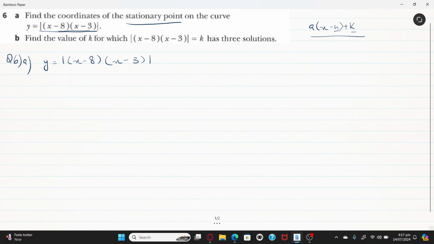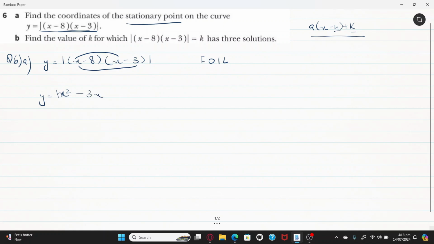What we're going to do is use the FOIL method, meaning first, outer, inner, and last. We multiply the first terms of the two brackets. First, x multiplied by x is x squared. Outer terms: x and negative 3 give minus 3x.